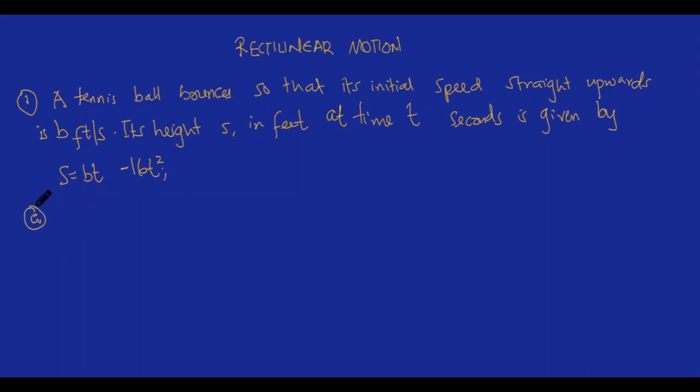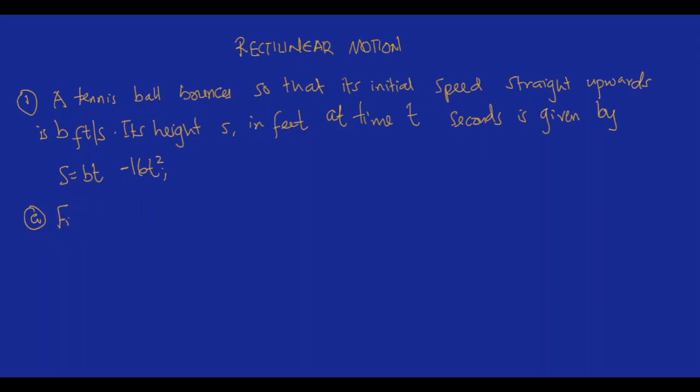We're told that a tennis ball bounces so that its initial speed straight upwards is b feet per second. Its height s in feet at time t seconds is given by s is equal to bt minus 16t squared.